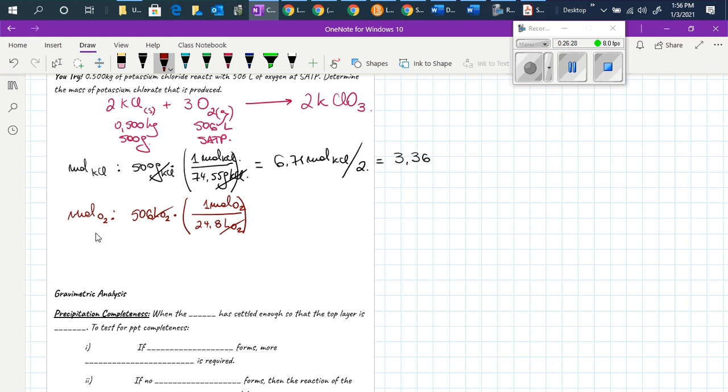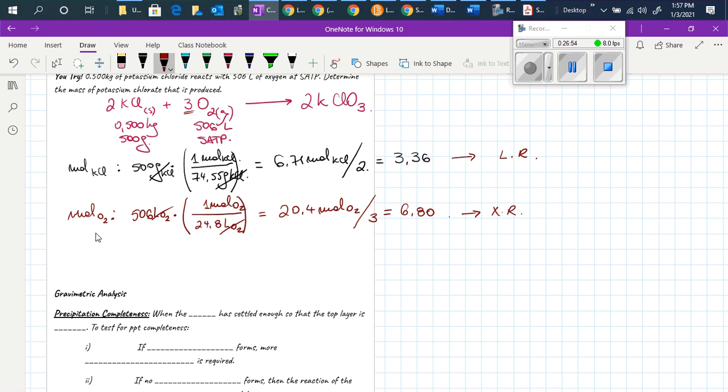So liters cancel out, and we will have 20.4 moles of oxygen, and this is divided by 3, the coefficient, and will be 6.80. So therefore, potassium chloride is the limiting reactant, and oxygen is the excess reactant.